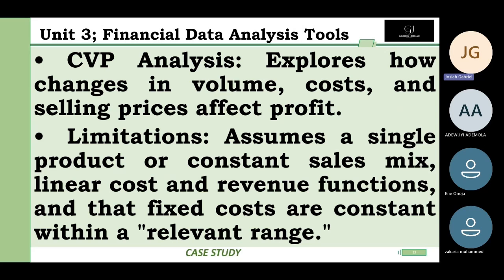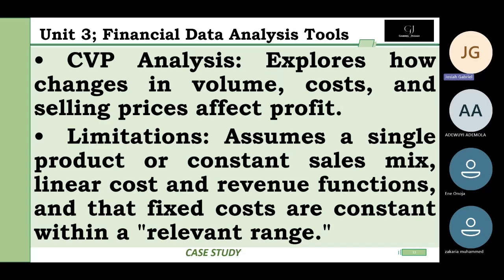Number 1, the volume, that is the amount of products, not in value now, in volume. Then the cost, what it entails to bring that service to the consumers, either direct or indirect, and also the selling prices that bring the revenue, and the difference between the revenue and the cost is the profit.